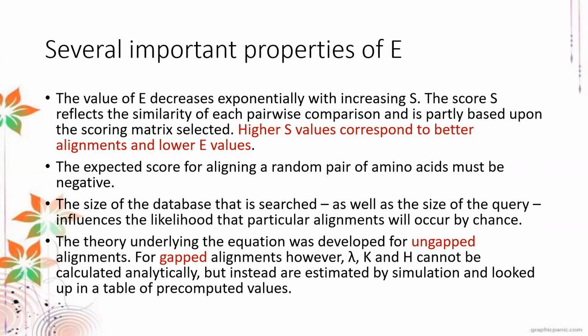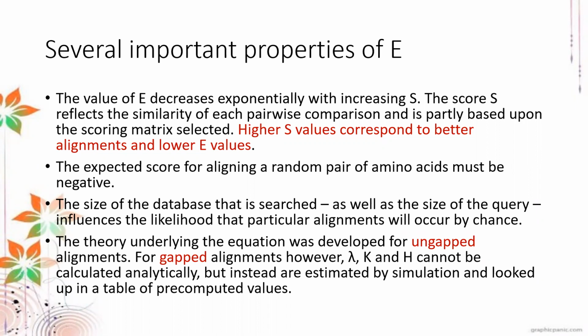Basically, higher S values correspond to better alignments and lower E values. If you look at the results of the alignment a while ago, you can see the results have lower E values. So in doing a BLAST search, you usually tend to look at the E values first.